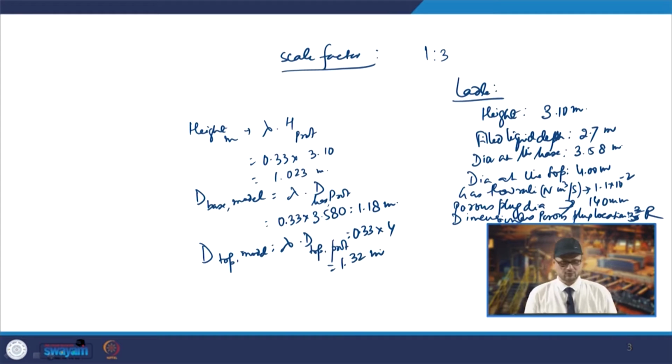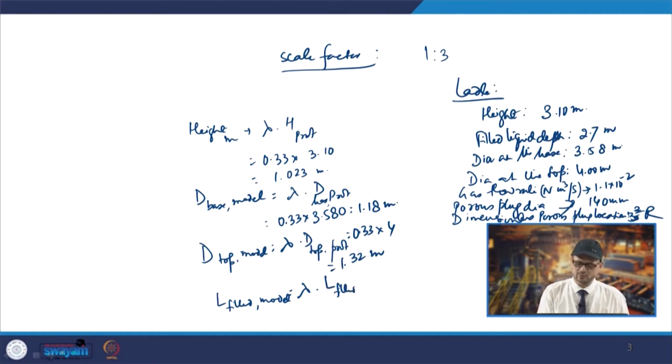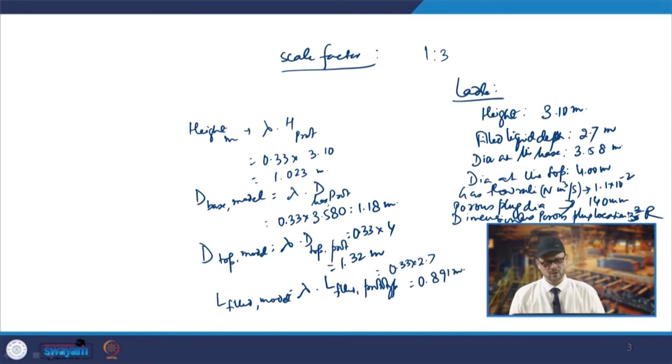Similarly, the height up to which liquid is filled in the model will be lambda times the liquid filled for the prototype. The prototype liquid height is 2.7, so it will be 0.33 into 2.7, which is 0.891 meter.